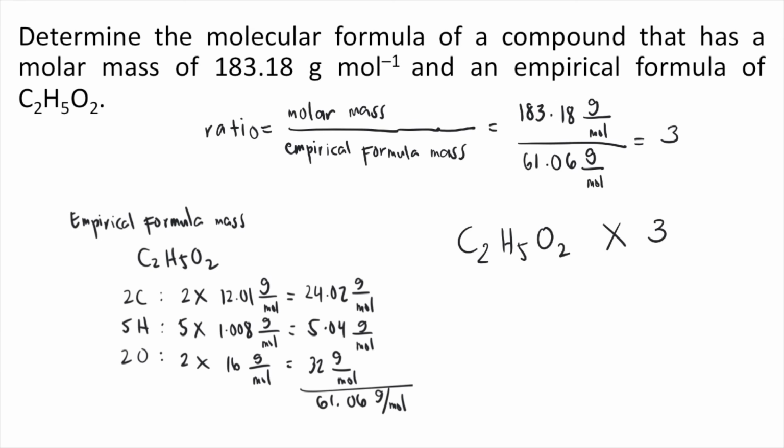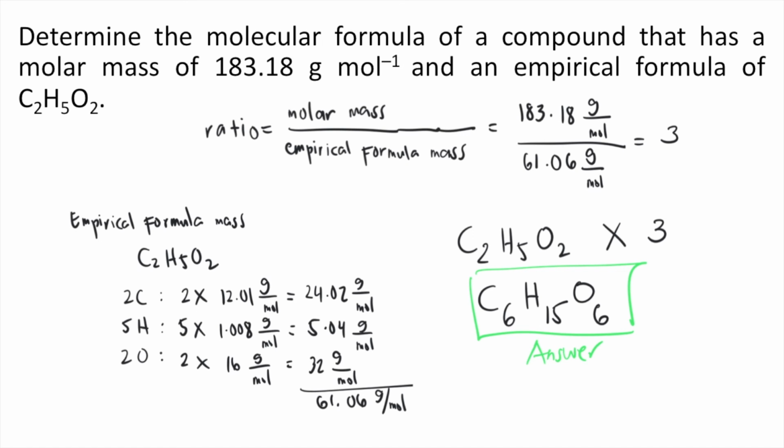The molecular formula will become C, 2 times 3 is 6; H, 5 times 3 is 15; and for O, 2 times 3 is 6. So the molecular formula is C6H15O6, and this is the answer to the question.